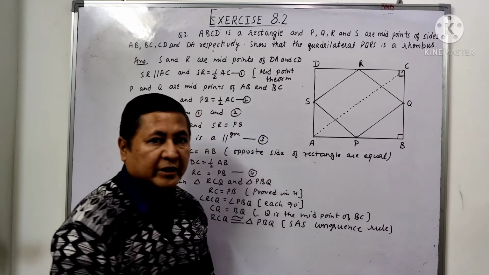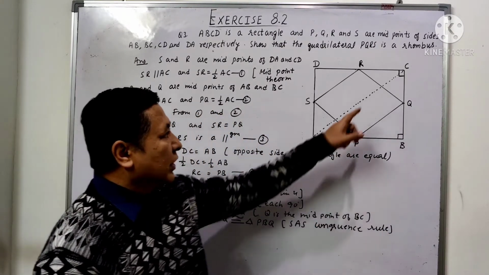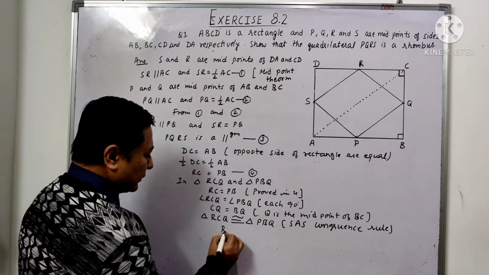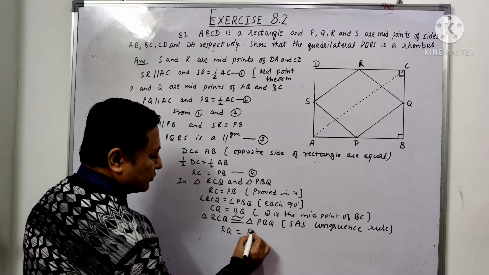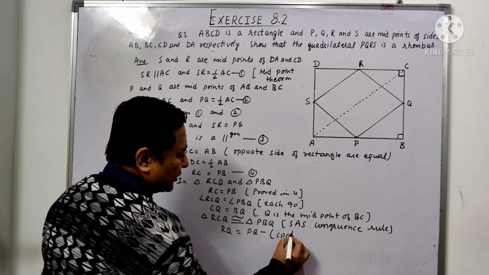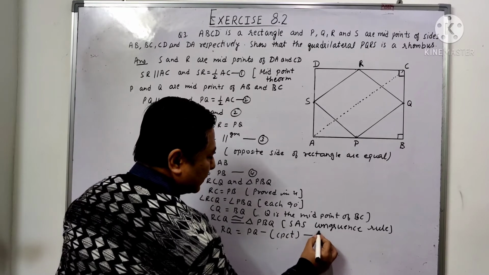Now since these two triangles are congruent, RQ and PQ will also be equal. So RQ is equal to PQ, due to corresponding parts of congruent triangles being equal.